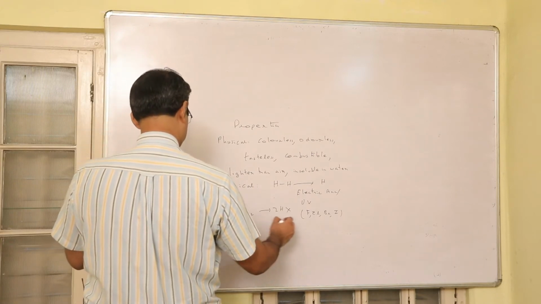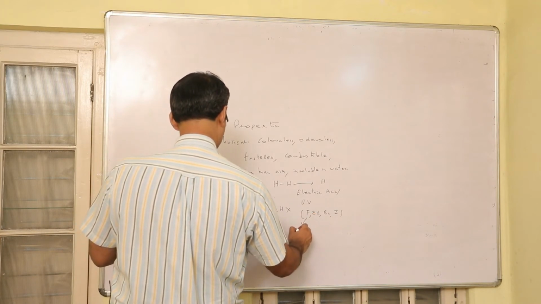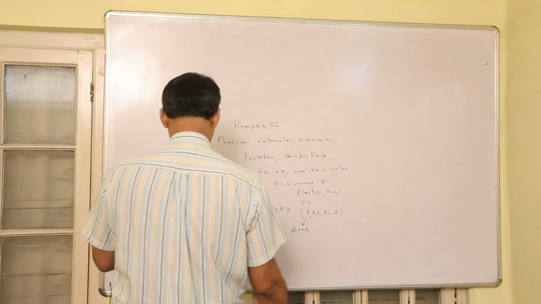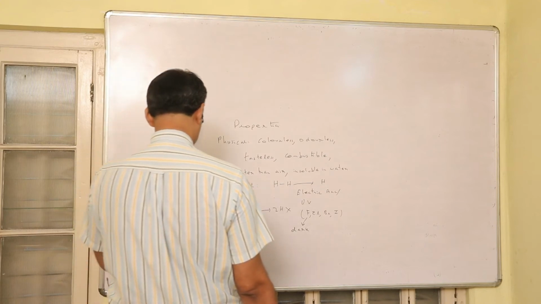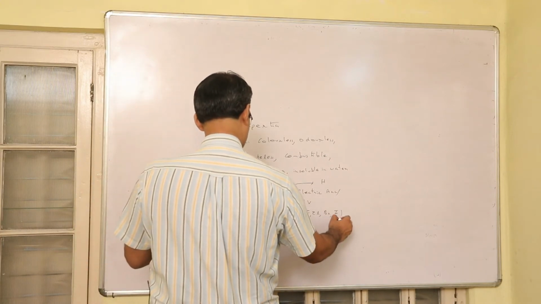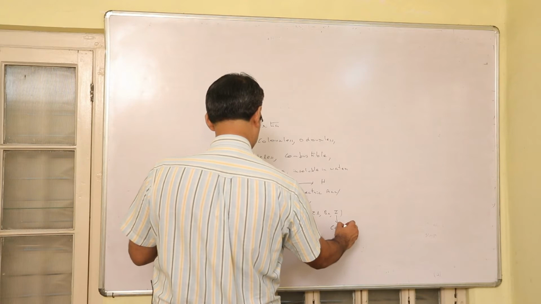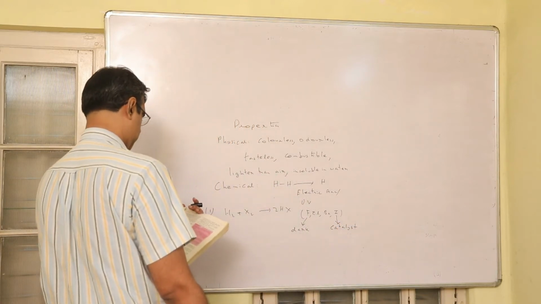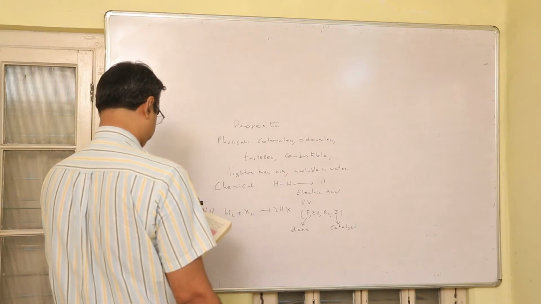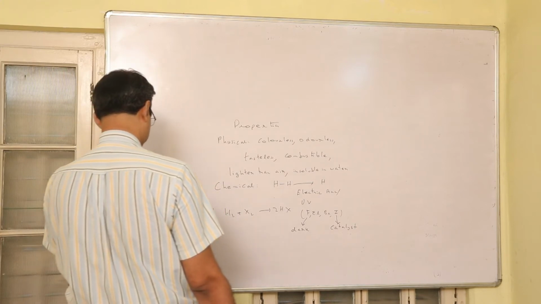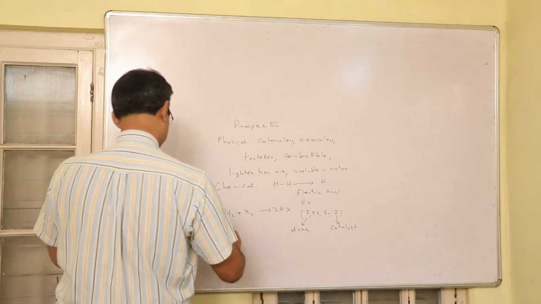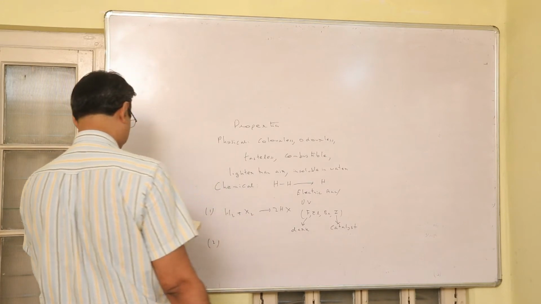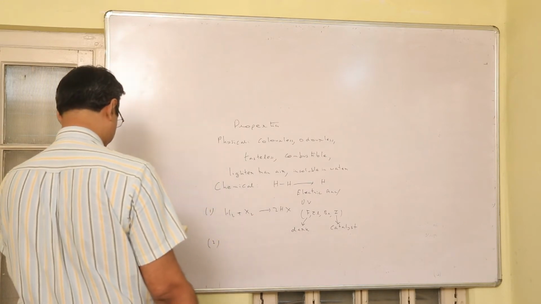Now, if it is fluorine, the reaction can take place even in the dark, and if it is with iodine, it requires a catalyst. So this is the first important reaction with halogens.